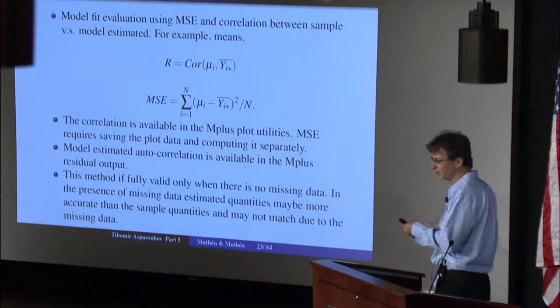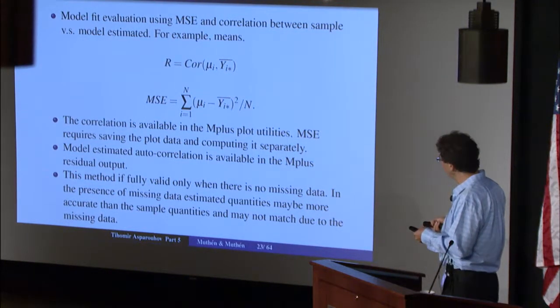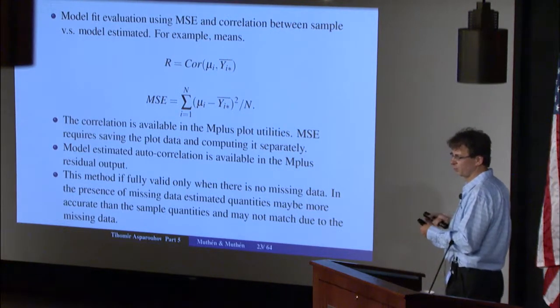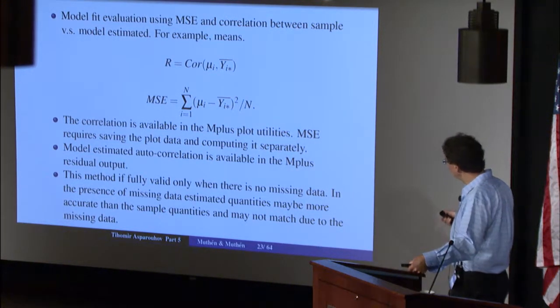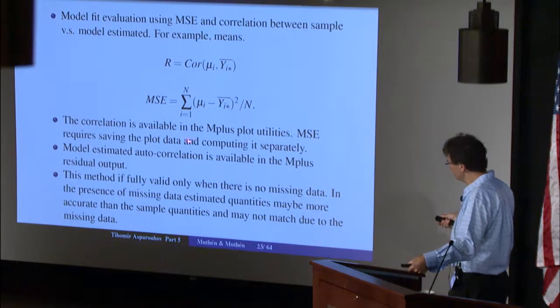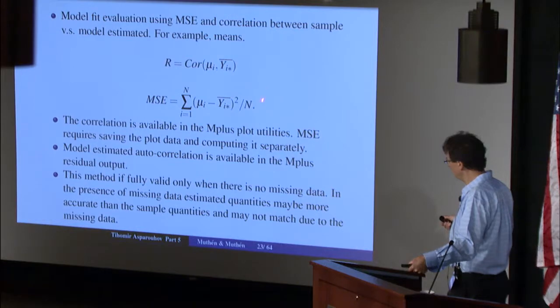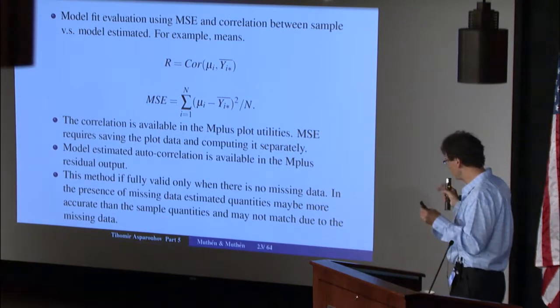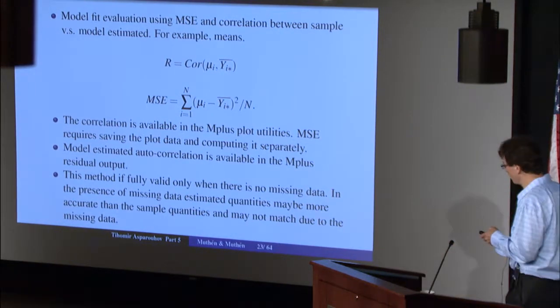If the data is missing at random, the sample quantities might be inaccurate. So in such situations, be cautious with these kinds of model fit evaluations when you have missing data.